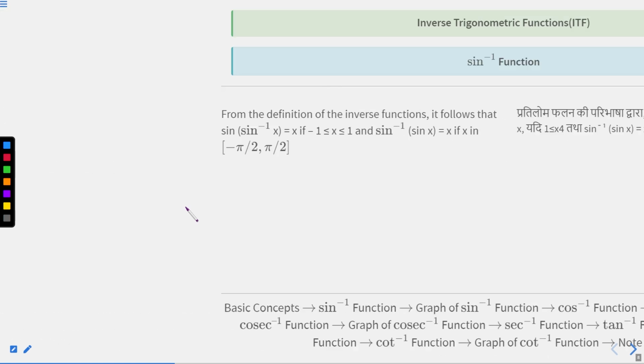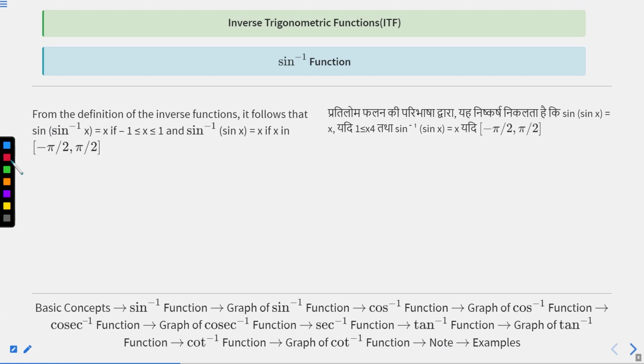We saw this interesting property that sine of sine inverse x must be equal to x only if the input of sine inverse x is from minus 1 to 1.